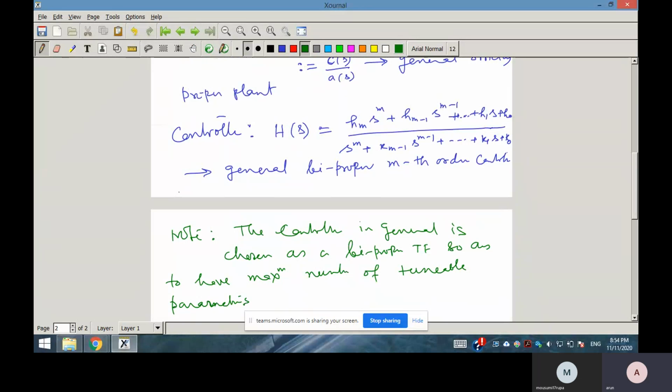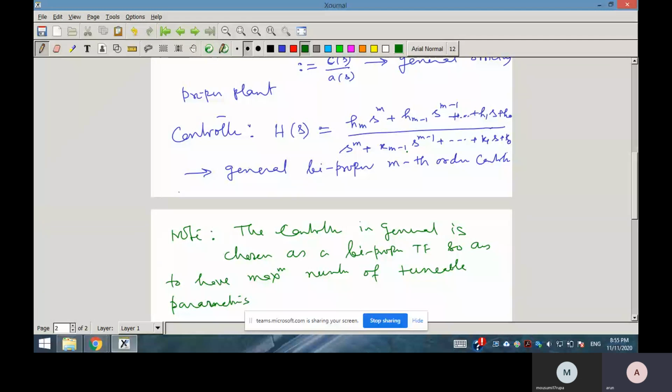The more tunable gains you have for the same order, the more flexibility you will have in shaping the response. Suppose for a first order controller, if you choose a strictly proper first order controller, then only two tunable variables will be there: one gain in the numerator and one gain in the denominator.